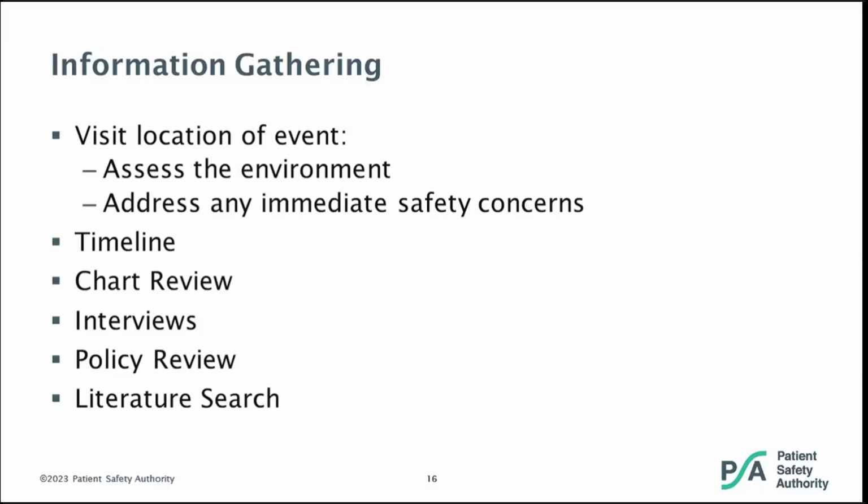Other things to consider are chart reviews and interviews, which will help you develop a timeline of events. You will also want to do a policy review to familiarize yourself with what the current policy is, if there is one, as well as conduct a literature search to help determine best practices. All of this is to prepare yourself to have a good base understanding of what happened.